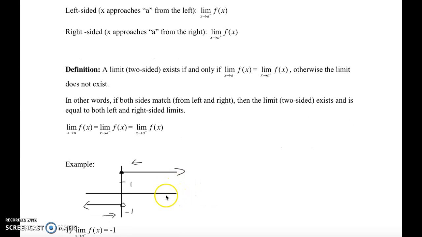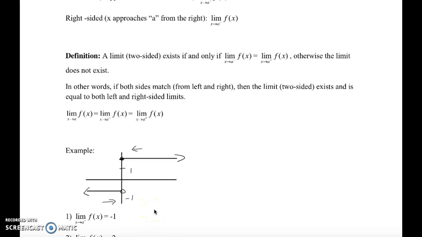We're looking at this graph, and we want to know the limit as x approaches a, where a is 0, from the left-hand side as well as from the right-hand side. As we approach 0 from the left-hand side, we end up at a value of -1.